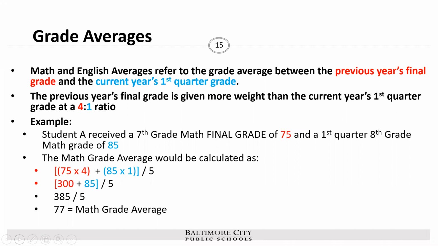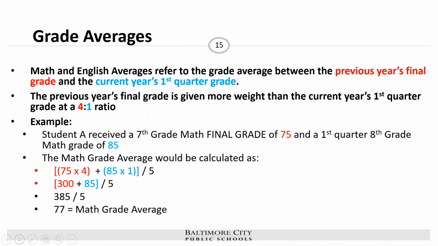As stated earlier, grade averages are part of the calculation of the composite score. When we talk about the grade averages, we are talking about last year's final grades as well as this year's first quarter grades. And last year's final grades hold more weight than the first quarter grades of the current year.